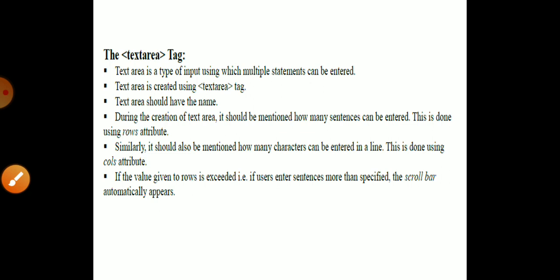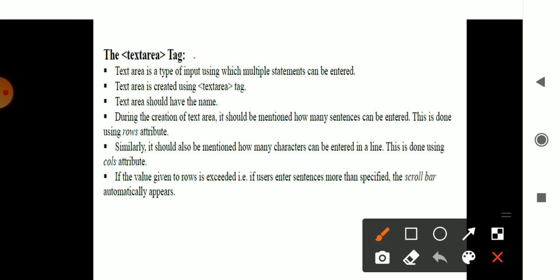Another aspect is called the text area. Sometimes when you are registering something, or doing a task, a feedback is asked after that task. So how do you write the feedback? You need multiple-line text. That multi-line text is presented with the help of a text area.